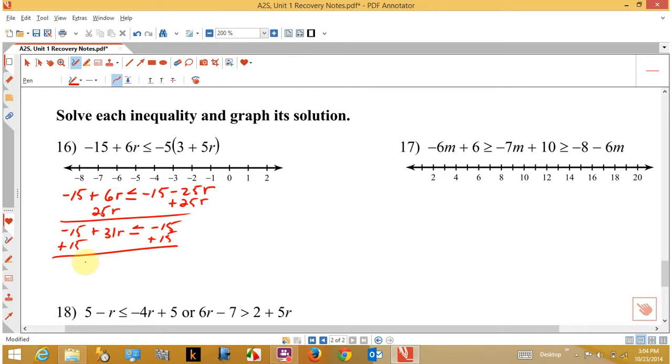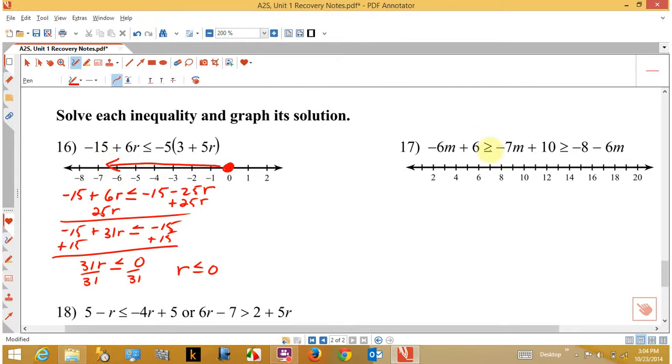So I would have 31r is less than or equal to 0, dividing both sides by 31. I would have r is less than or equal to 0. That would be a closed dot at 0, and all the values where r is less than or equal to 0. Okay, let's move on to the next one.